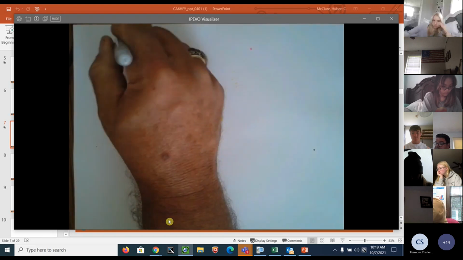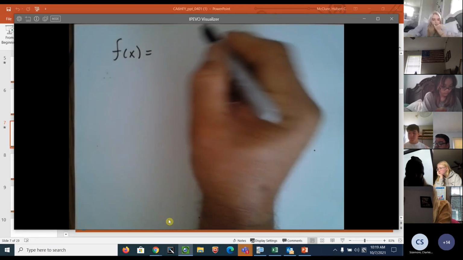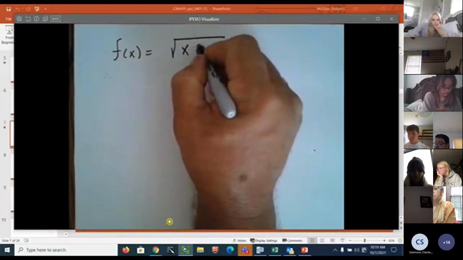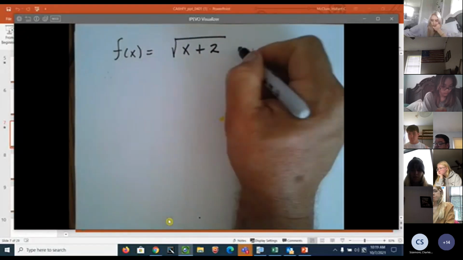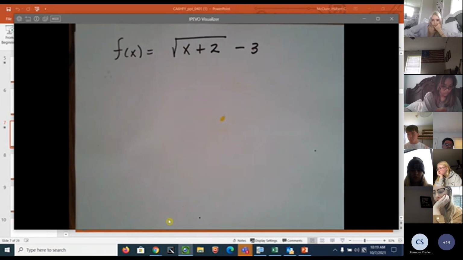f of x is equal to the square root of x plus 2, minus 3. All right, sketch that one out and use the parent graph.